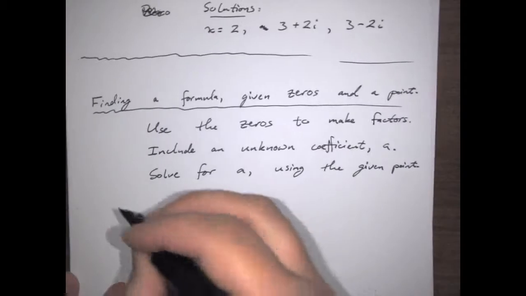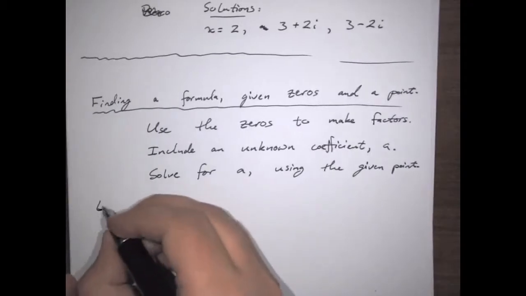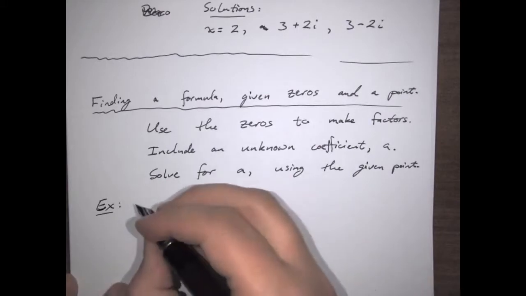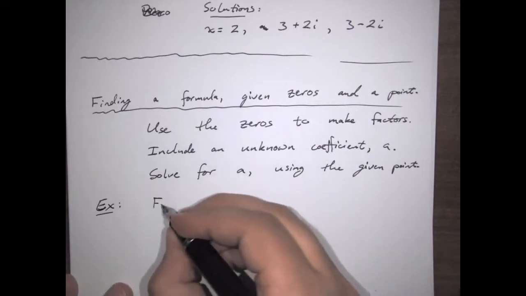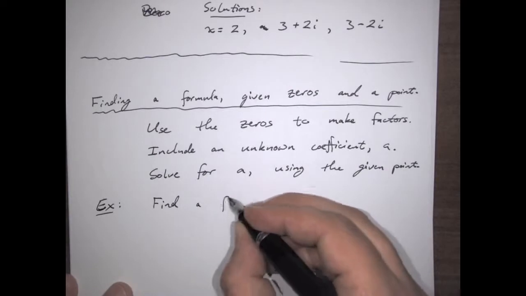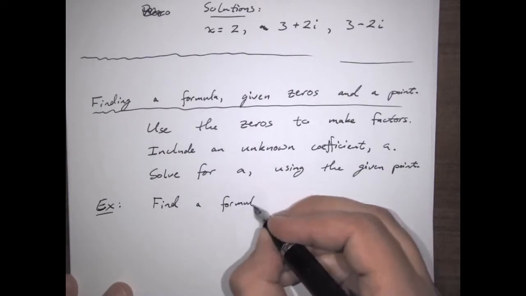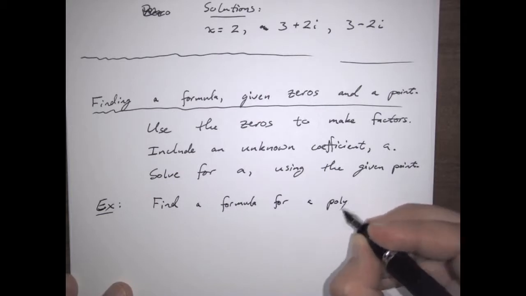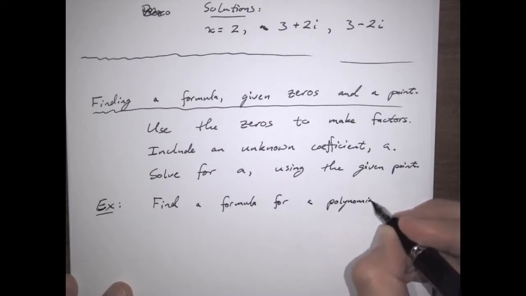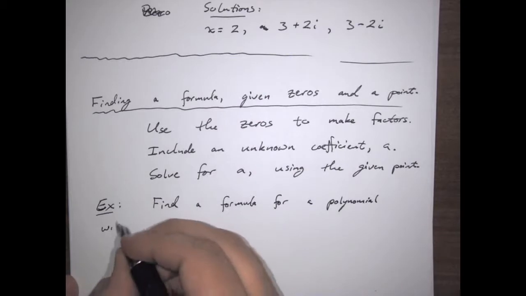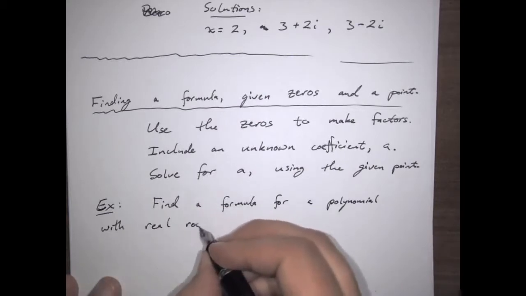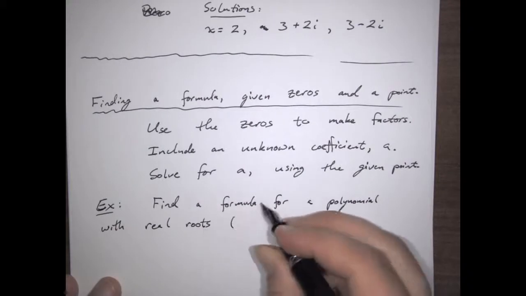An example of something like this would be, let's say, we wanted to find a formula for a polynomial with real roots. Remember, roots is just another name for zeros.